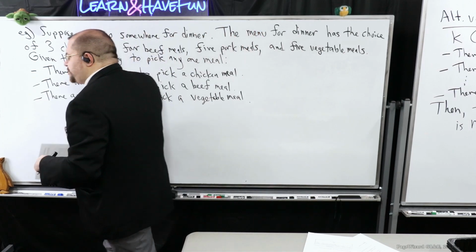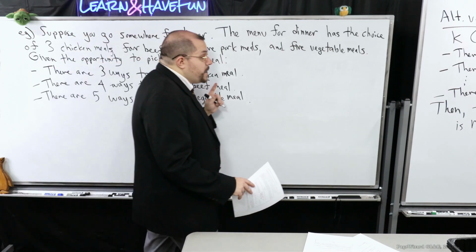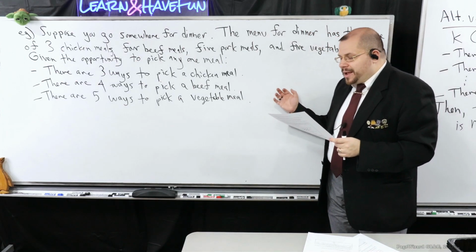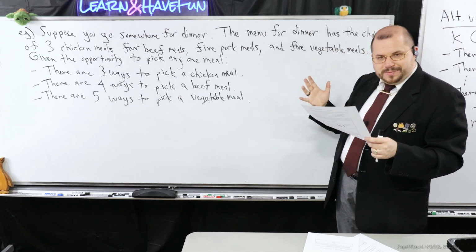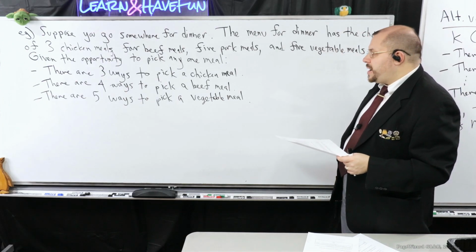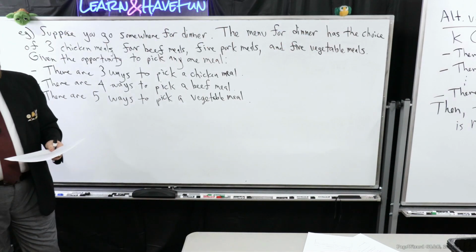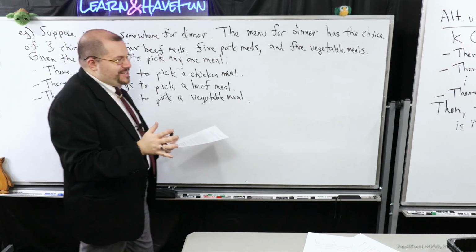So what does the addition principle tell us? If I have the opportunity to pick any one meal, so I'm picking one, how many are the number of ways to pick a meal? What's the number? Don't overthink this. So remember, you're sitting down at a restaurant.